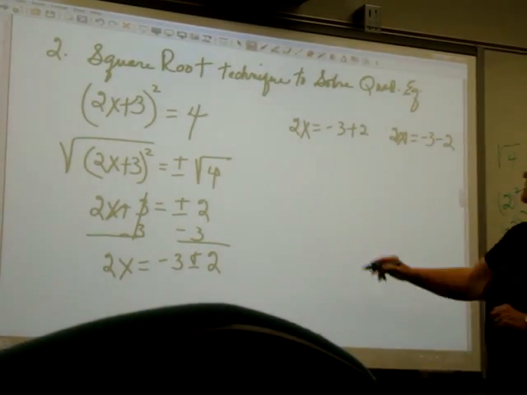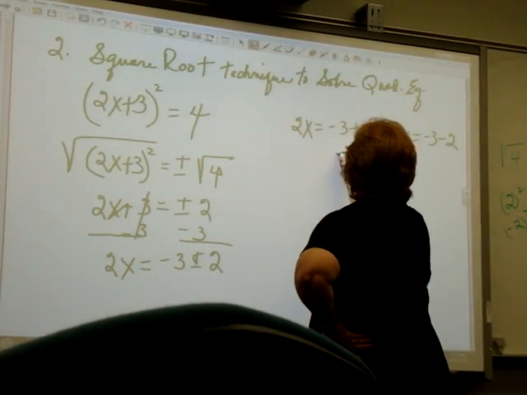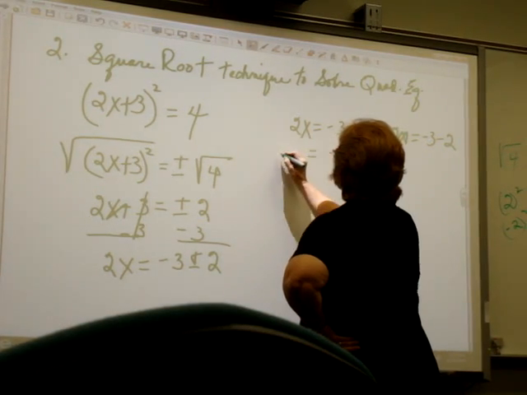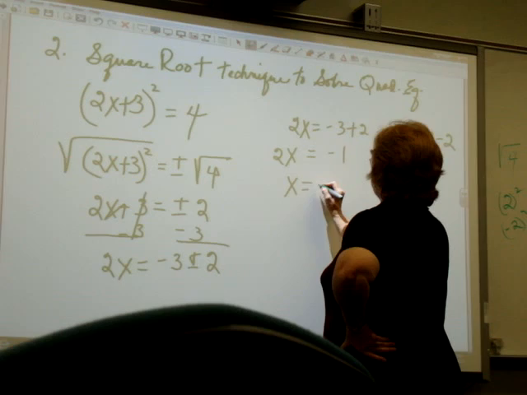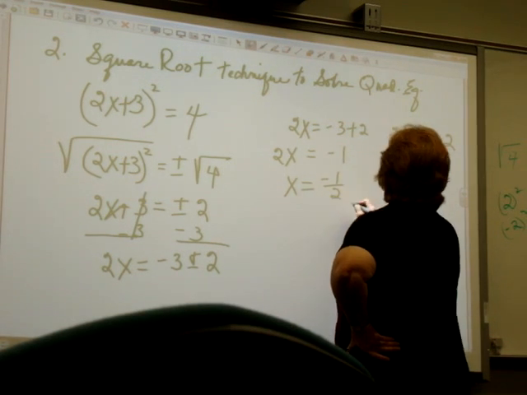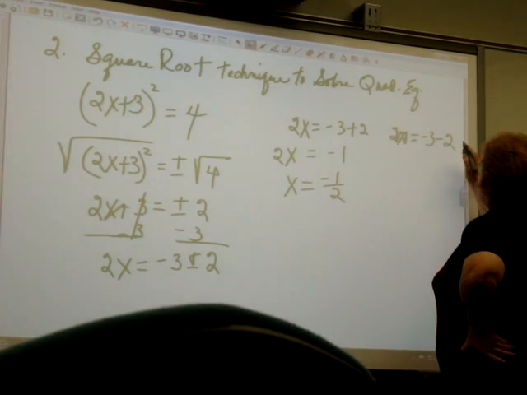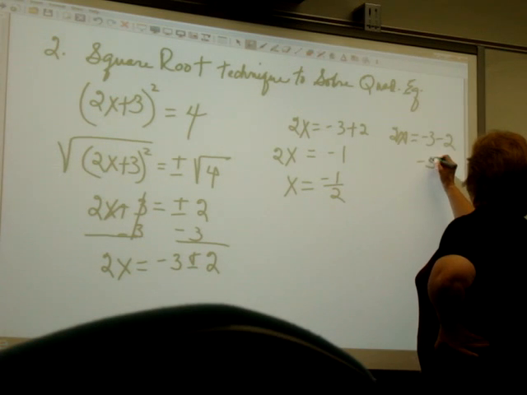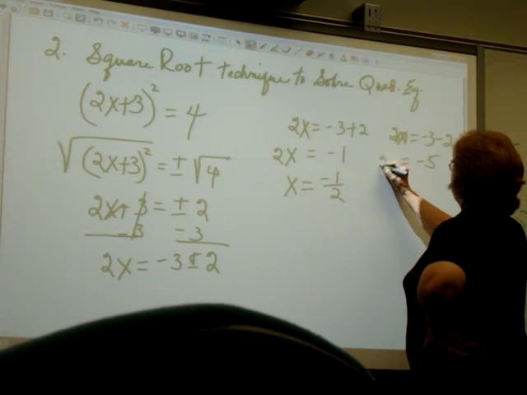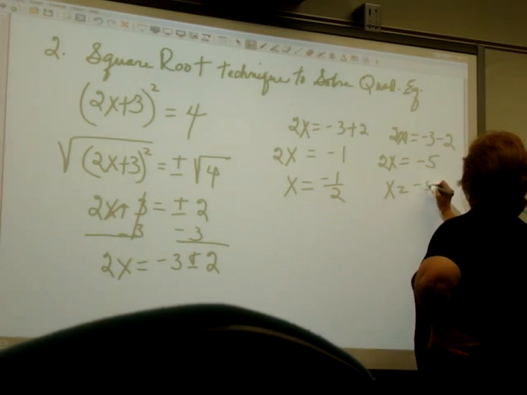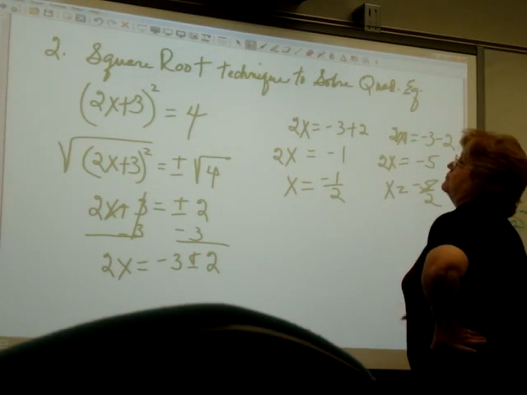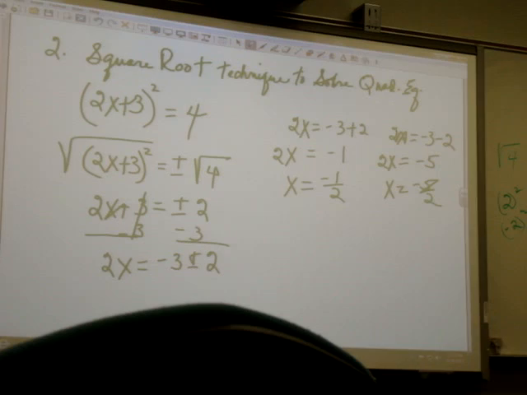Now, negative 3 plus 2 is negative 1. That's what 2x is equal to. So divide both sides by 2 and I get negative 1/2. Negative 3 minus 2 is a negative 5 equal to 2x. So when I divide both sides by 2, I'm going to get negative 5/2. Question?